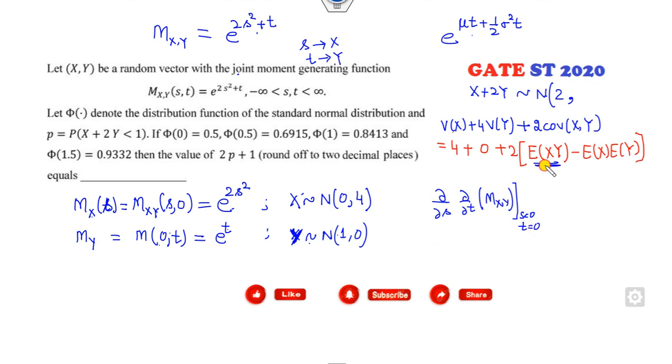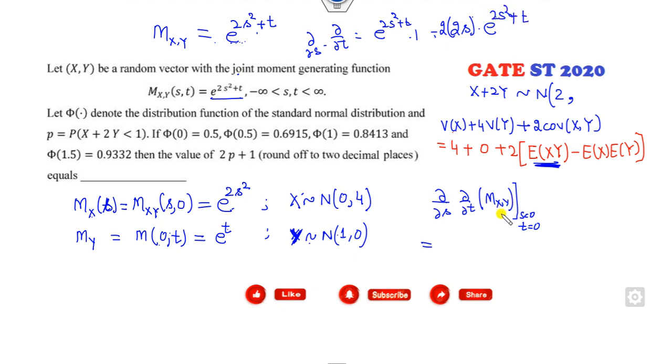That's the expected value. So firstly I can find the derivative with respect to t. If I write for you, the partial derivative with respect to t is the same, into 1. Now I can take the partial with respect to s. It will be 2 into 2s here.